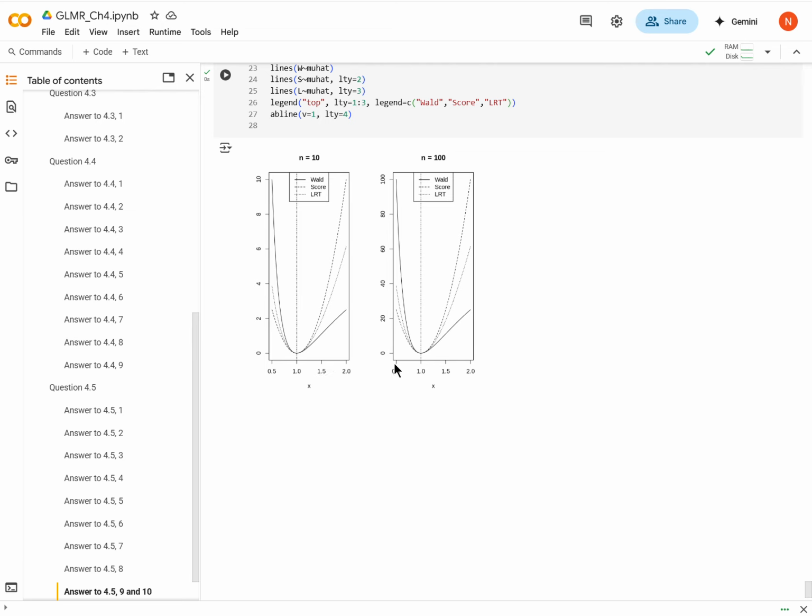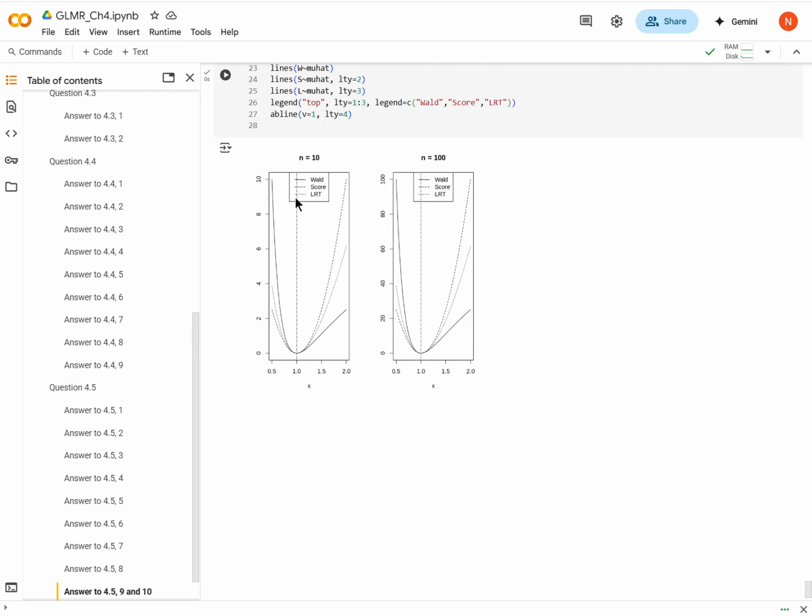One is, notice that they both share the same x range, but the y range for n equals 100 is much larger. This means there's more information being contained in the n equals 100, because in order to cover the same x distance with a much larger y distance, the slope has to be much greater for each of these.